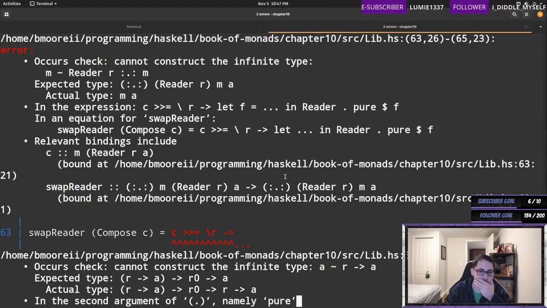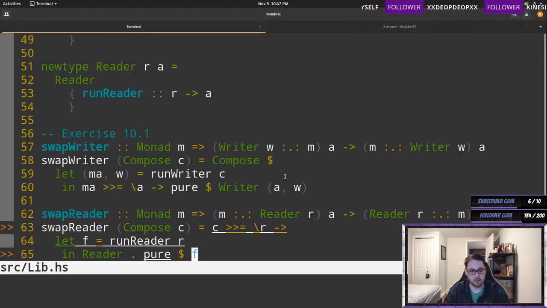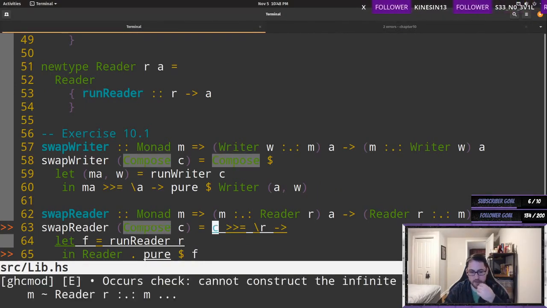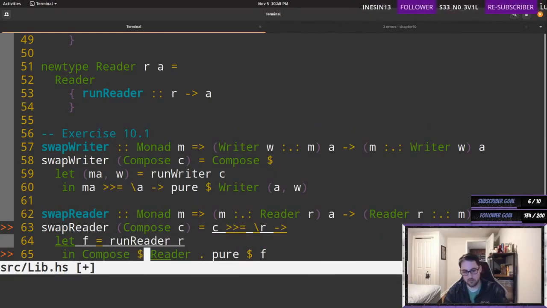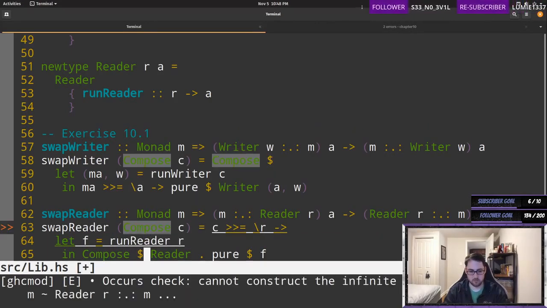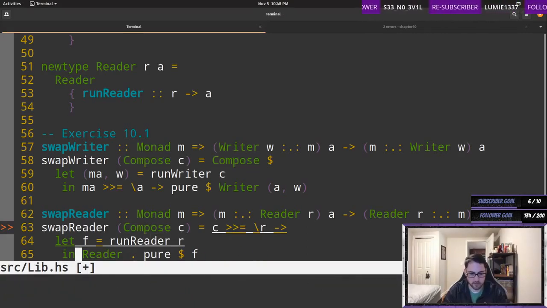Let's see what we got here. Actual type. Where is that? Oh, I need to embed a monad. That's not gonna work. This isn't right.